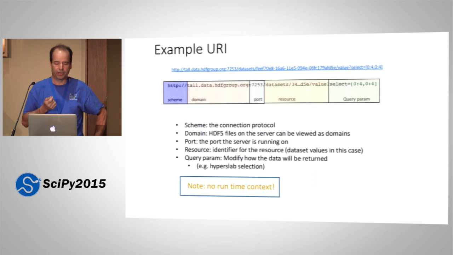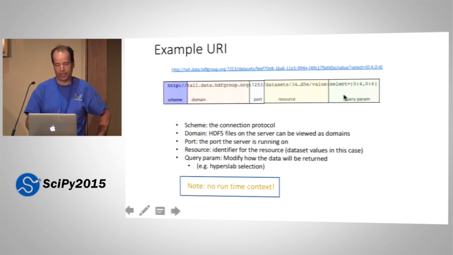This is because in HDF5, you can have many paths that identify the same data set. But we want to provide a canonical URI for that data set. So rather than use paths, we use dataset/UID to identify the data set.